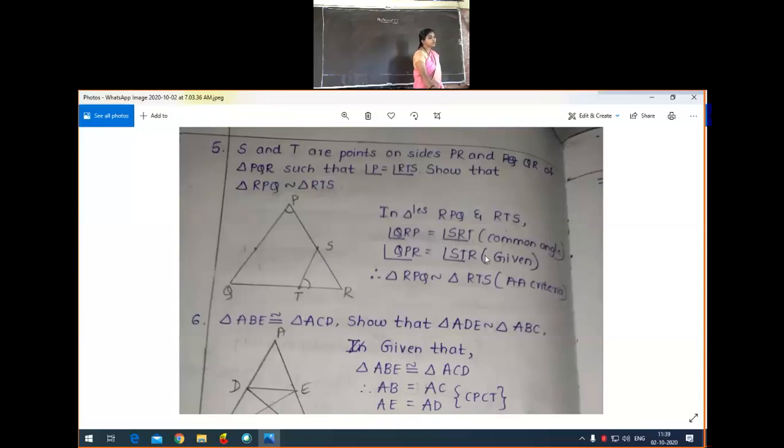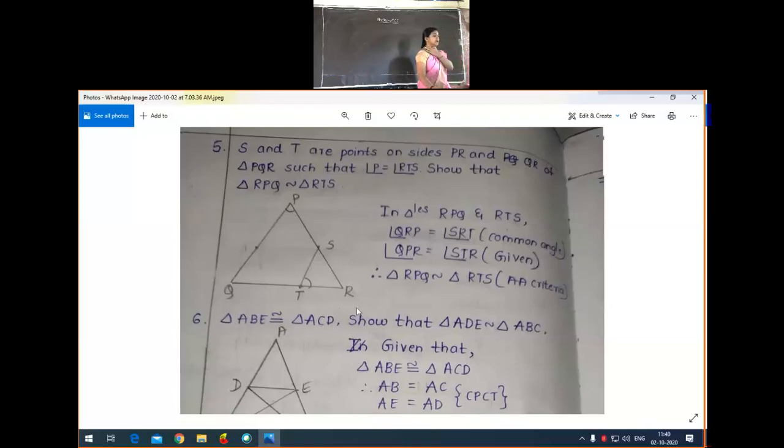So two angles are equal, and by the angle sum property the third angle is also equal, no? If two angles are equal in these two triangles, then we can use the AA criteria. So we can say that this triangle is similar to this. Very simple, only a two-step problem. One angle is common and another angle is given data, so the two triangles are similar according to AA criteria.